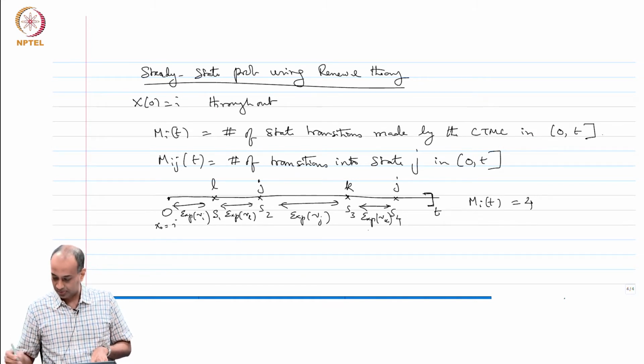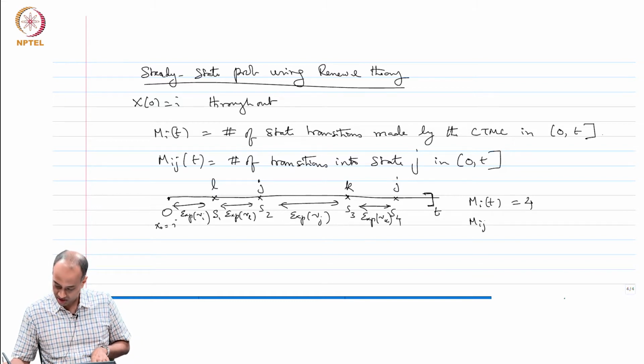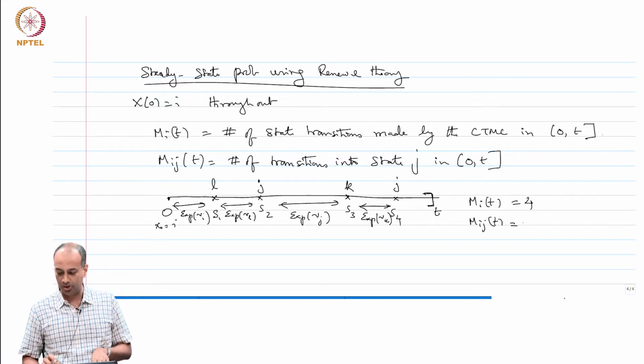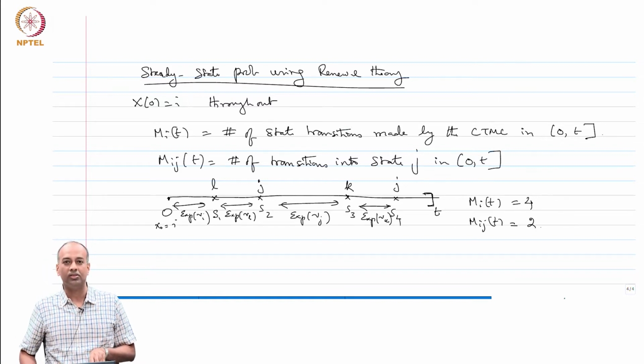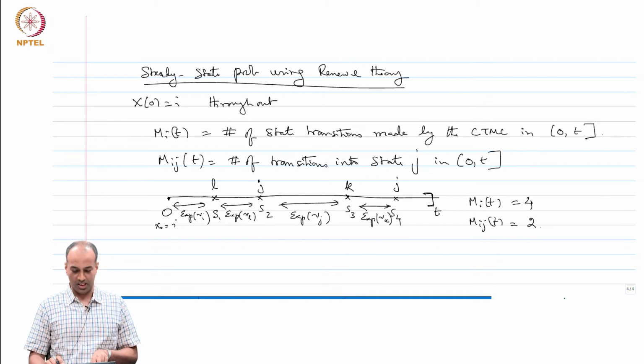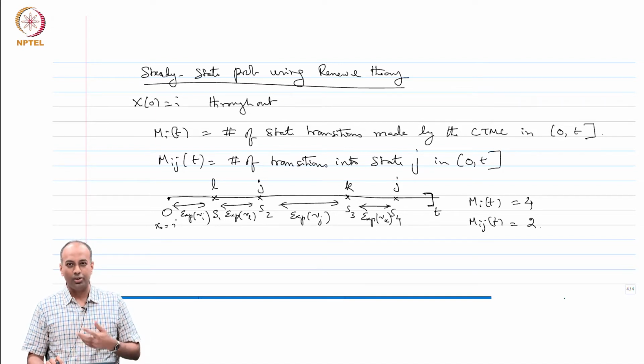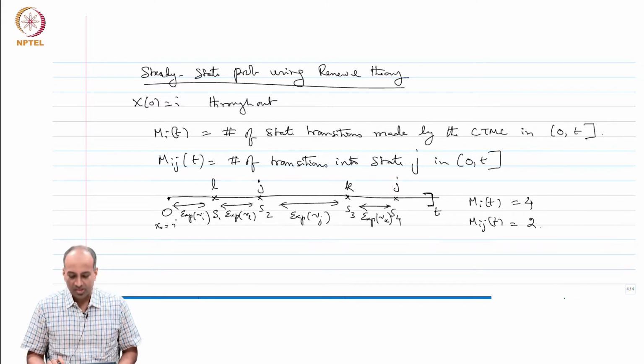Now, Mij(t) will be the total number of times I have entered state j until time t, which in this case will be 2. You can view Mij(t) and Mi(t) as counting processes, right, each is counting something.